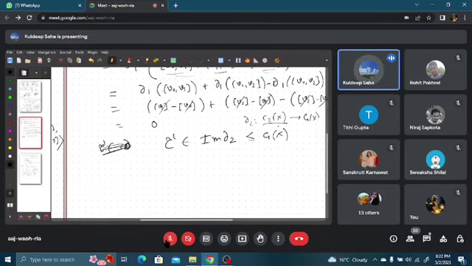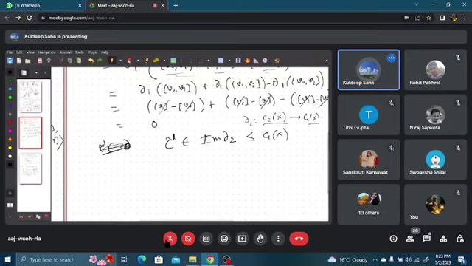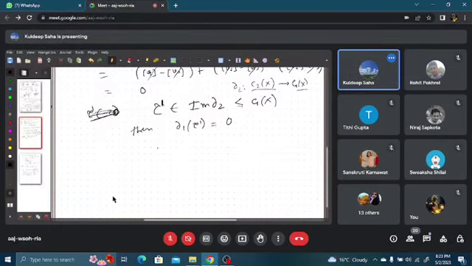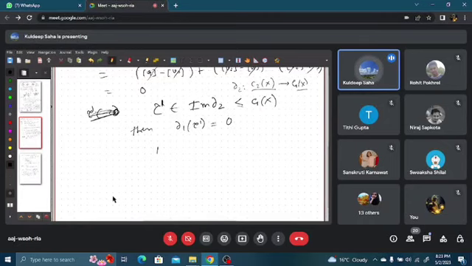So if I take a one-chain inside that subgroup, then delta 1 of tau 1 is always 0. That is what we have shown here. In particular, the image of delta 2 is always contained in the kernel of delta 1.